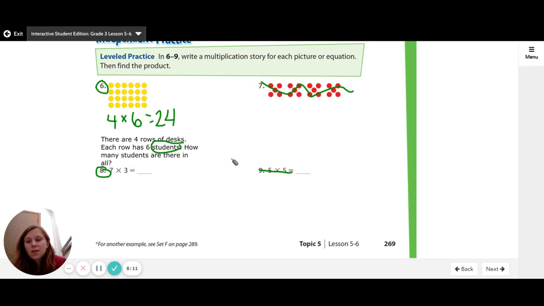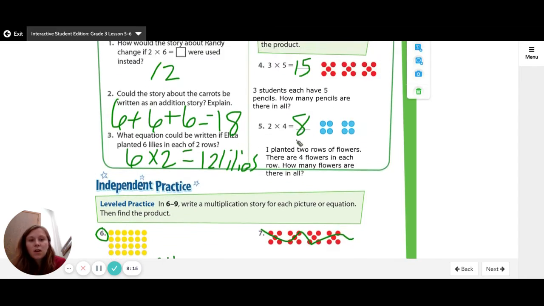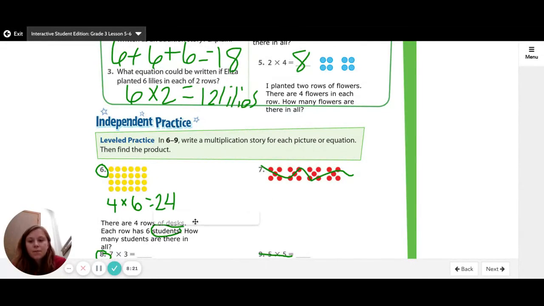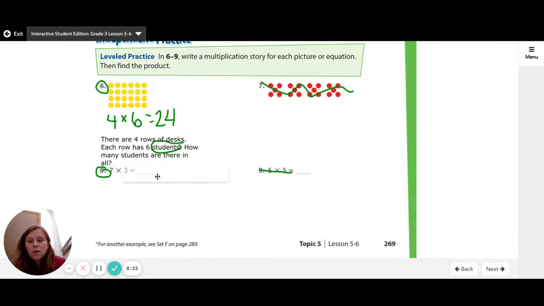And now I know my label would be students for this problem. Let's look at 8. We have 7 times 3. This time we can think about a picture. We can think about 7 groups of 3. So let's see, maybe I made 7 gift bags for my friends.